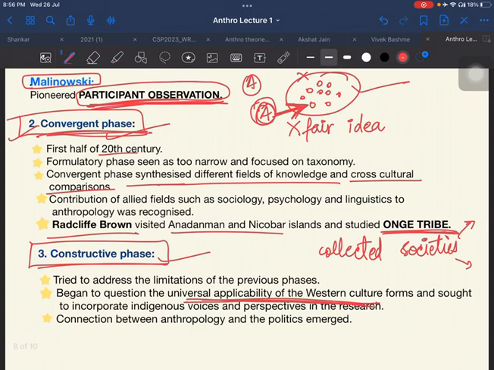So now the most important thing that happened was the connection between anthropology and politics emerged. Now, this connection was very much visible during this phase, but this has been used even during the colonial times when anthropology was used as a tool to rule India politically or to rule any other country politically.